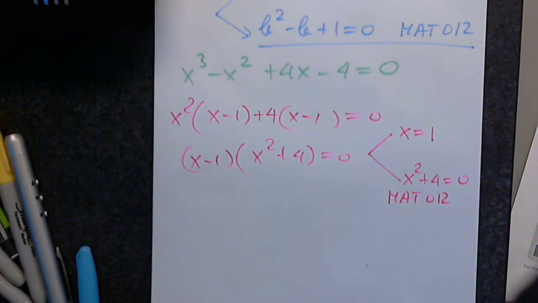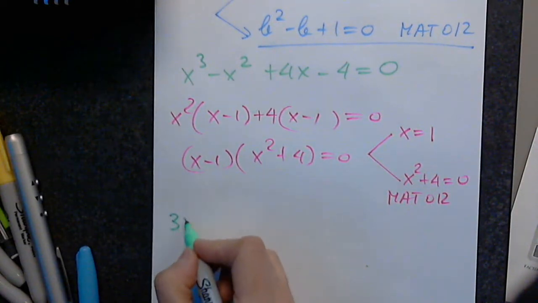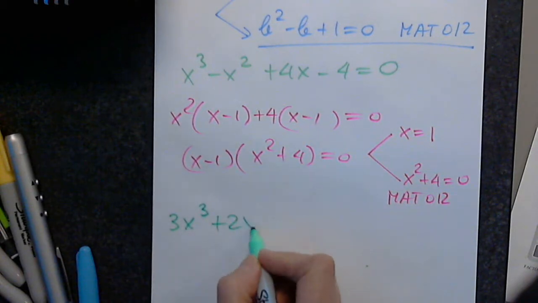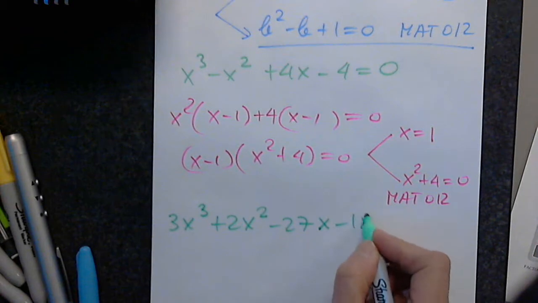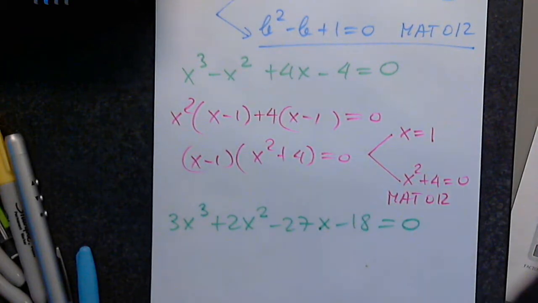Okay, last one. 3x to the third plus 2x squared minus 27x minus 18 equals 0. And then I would like to work on some word problems.